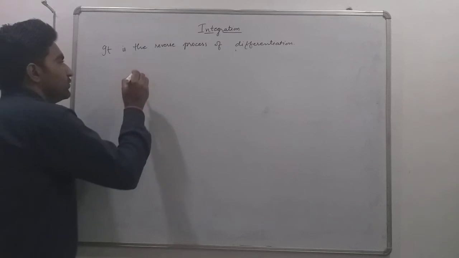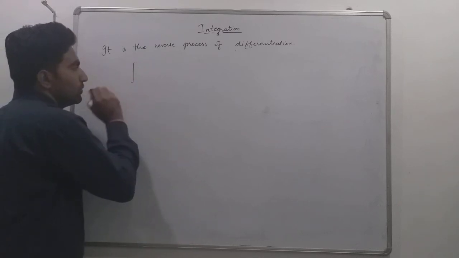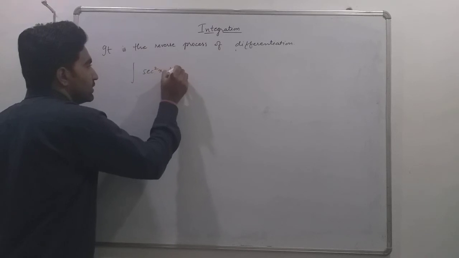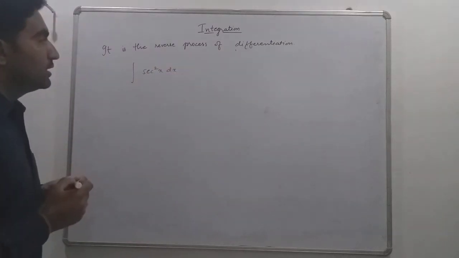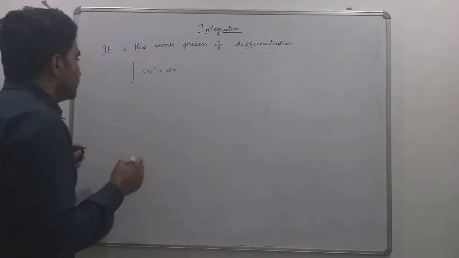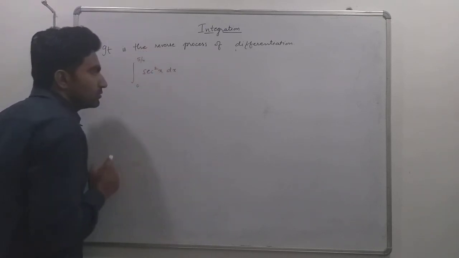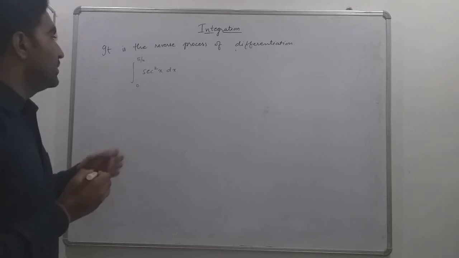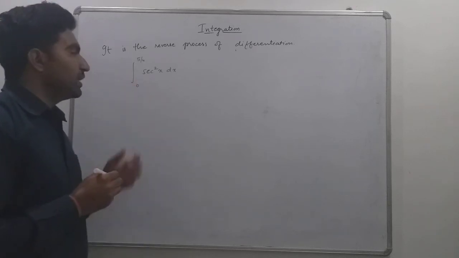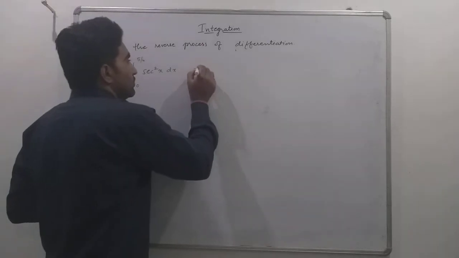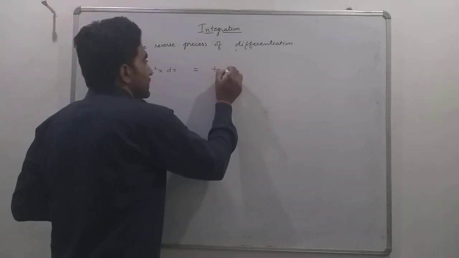Suppose we have to find the integration of secant square x dx from 0 to pi by 4. Here the limits of the integration are 0 to pi by 4. We know that the integration of secant square x is equal to tangent x.